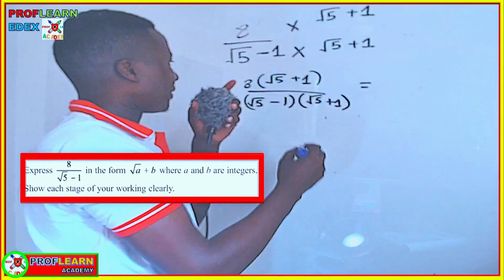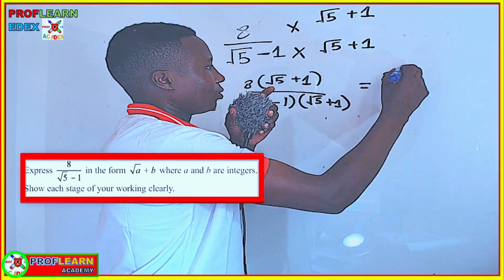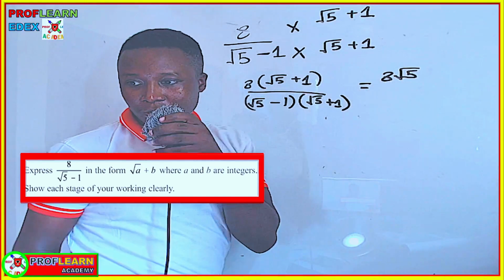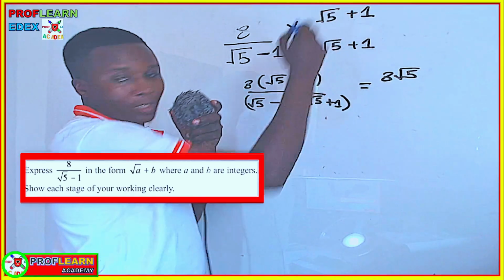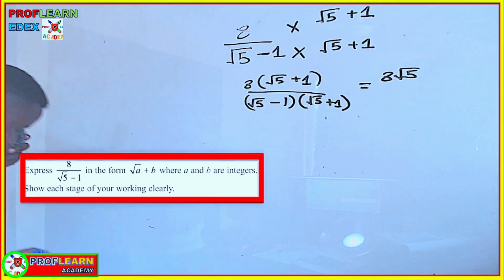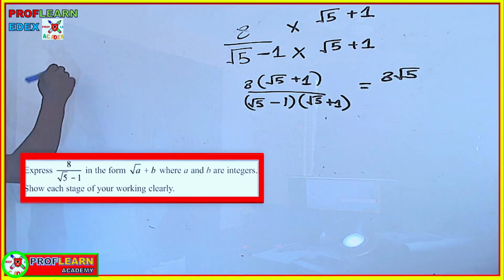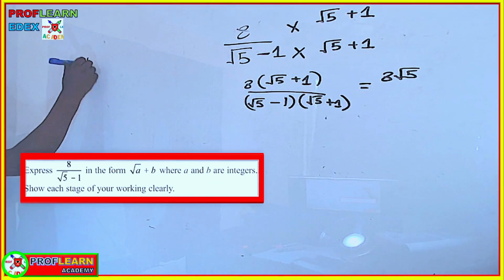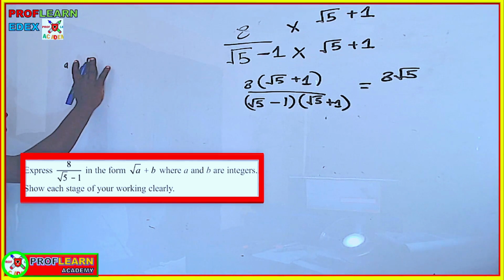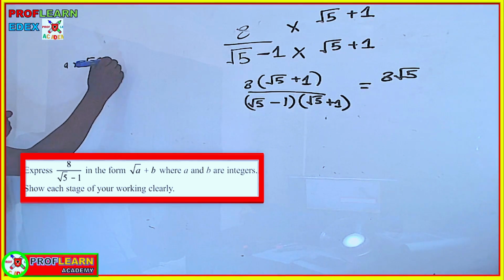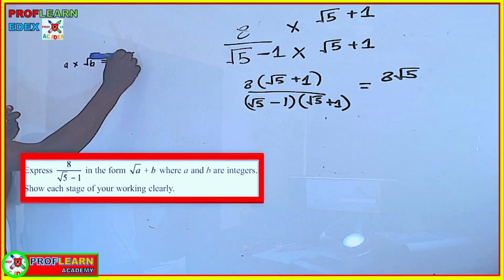If we multiply this, this is going to be 8 root 5. You need to remember some of the laws of surds that we learned: a times root b is a root b.